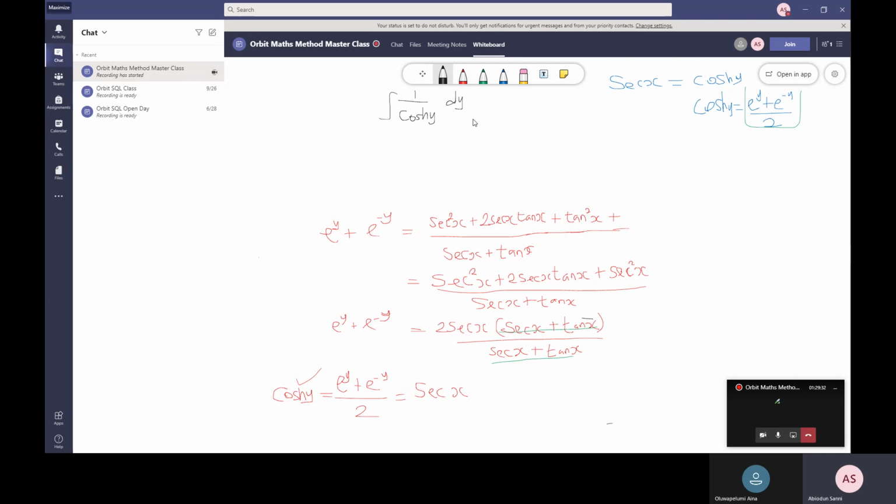So if you are given something like this, you already know that they want you to go from somewhere to one thing later. You know that they gave you y to be ln of sec x plus tan x.